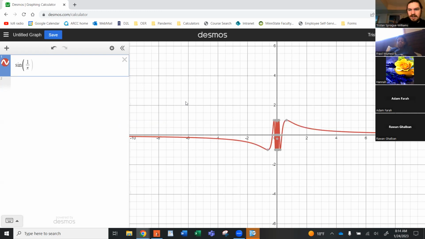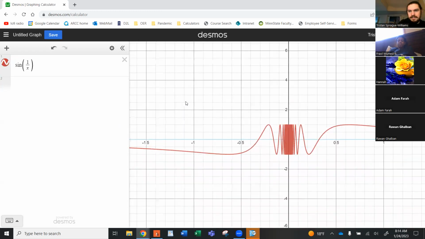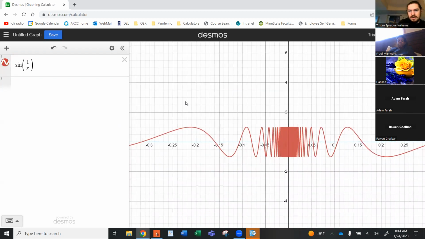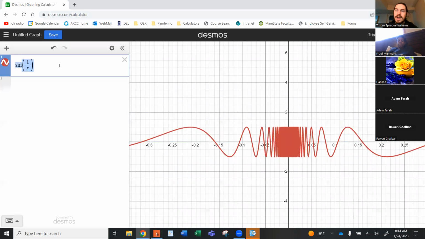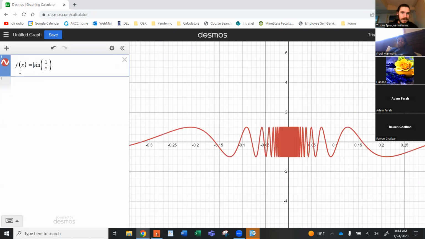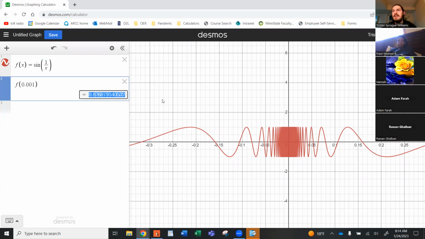Here is an example of an interesting function: sine of 1 over x. If you are looking for the limit of this function as x approaches 0, and you just do f of 0.001, that is not the correct limit.